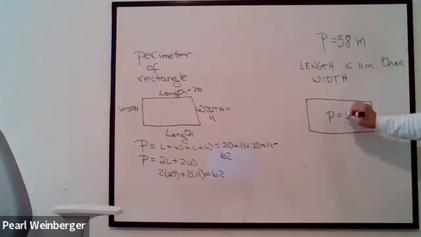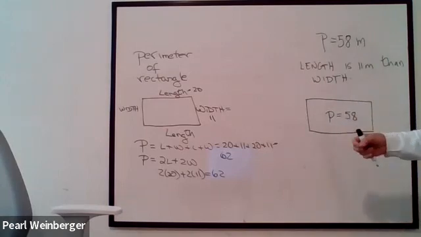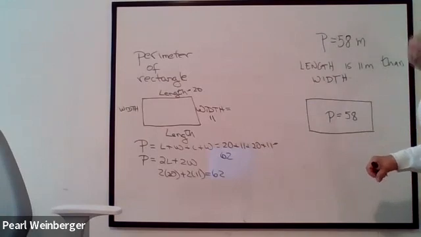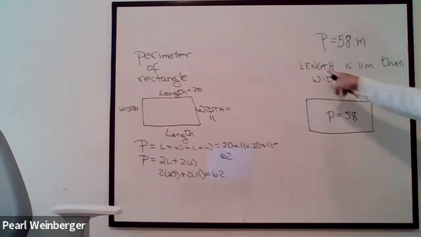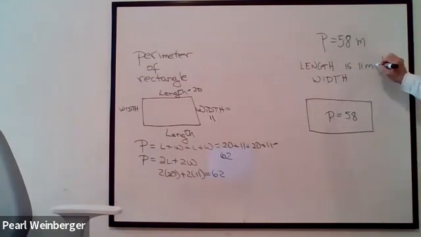You don't have to put in the M. We know it's meters. Let's see if we could express the length and the width in terms of a variable. Okay, so it's telling us the length is 11 more than the width.